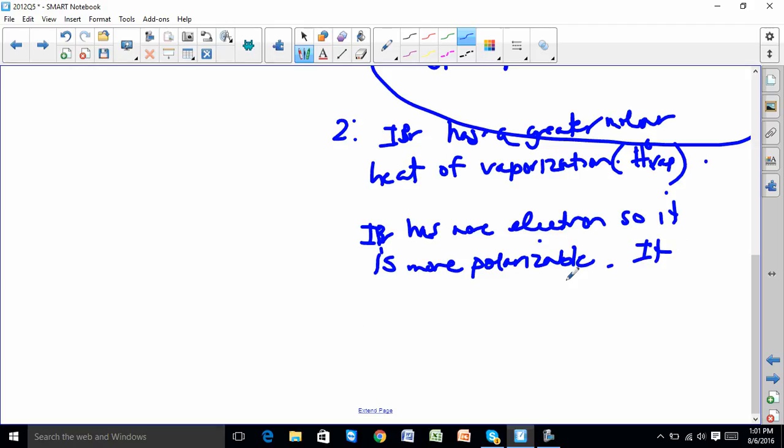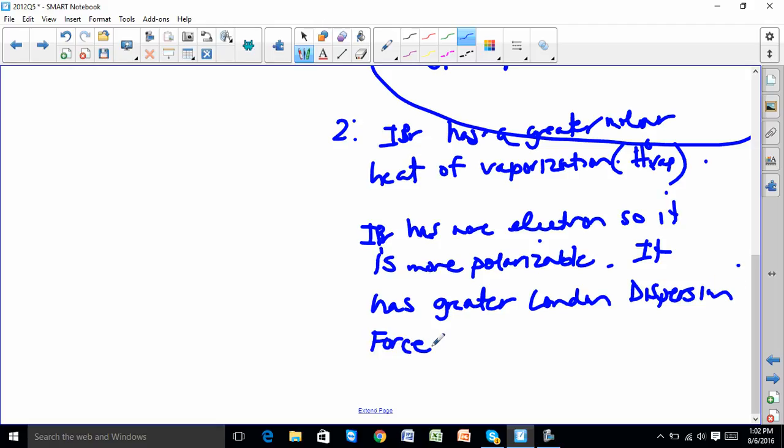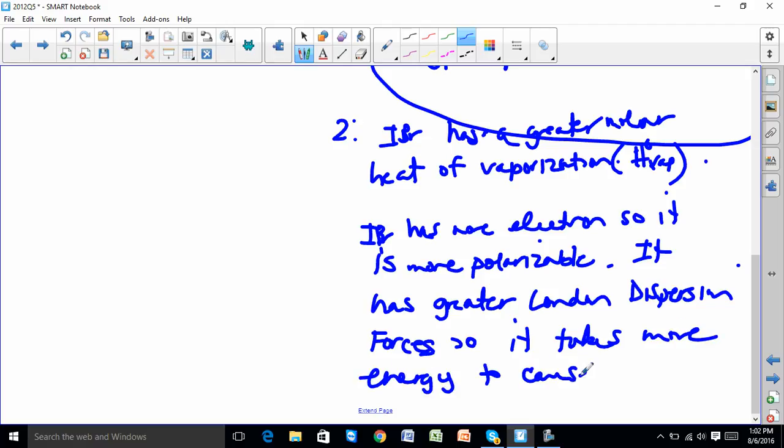It has greater London dispersion forces, named after Fritz London, so it's kind of like a title, so like we capitalize it. So it takes more energy to cause the phase change.